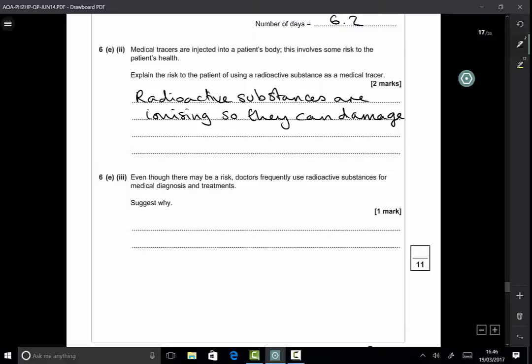Even though there may be a risk, doctors frequently use a radioactive substance for medical diagnosis and treatment. Suggest why. The risk is low compared to the benefits.